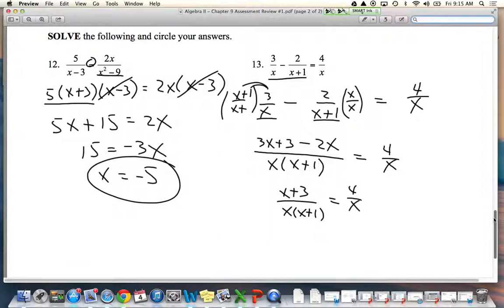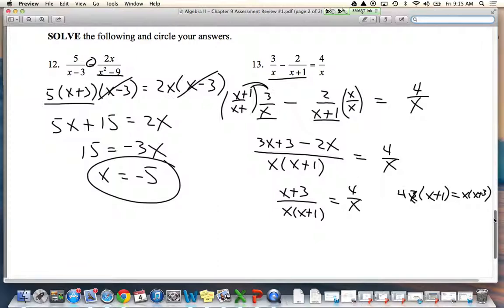Now I need to cross multiply. So if I cross multiply this mess, I have 4x times x plus 1 equals, and then x plus 3, x plus 3.